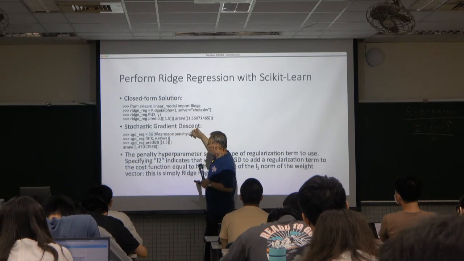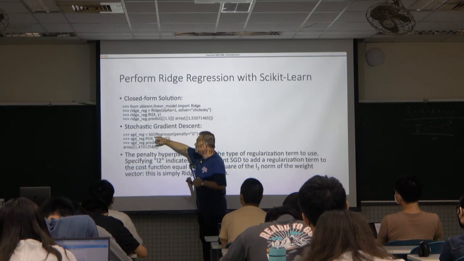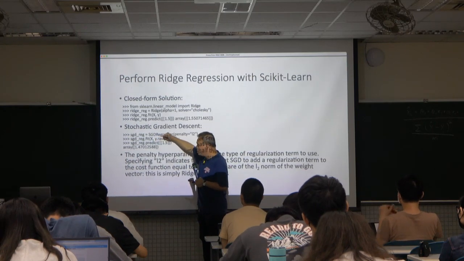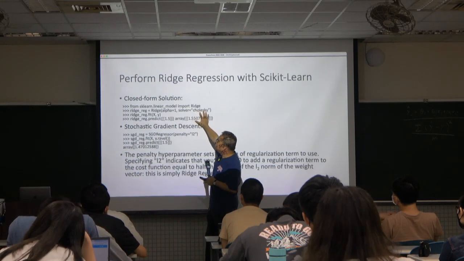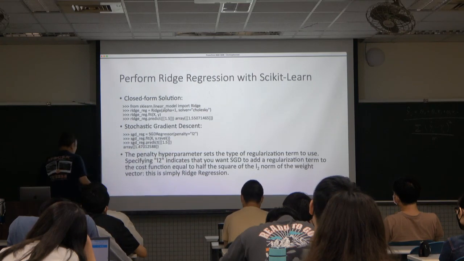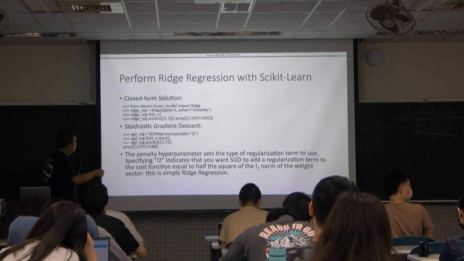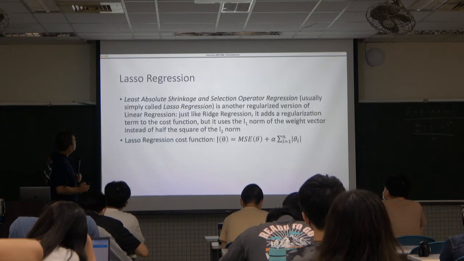So basically, you just put the ridge regression into the SGD regressor, which is stochastic gradient descent. This is the closed form solution. I don't think it's any different from this one anyway.